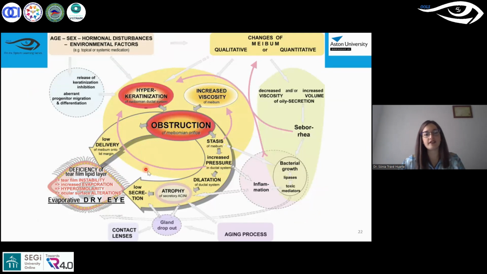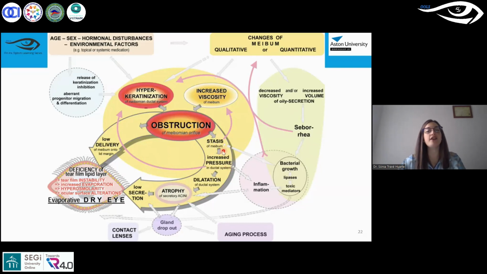On the other side, we have low secretion. And that could be because of any specific issues within the secretion or any blockages. So blockages actually could be on both sides, on the low delivery or low secretion. And what happens when there's an obstruction is stasis, where the oil, the meibum, remains in the gland.